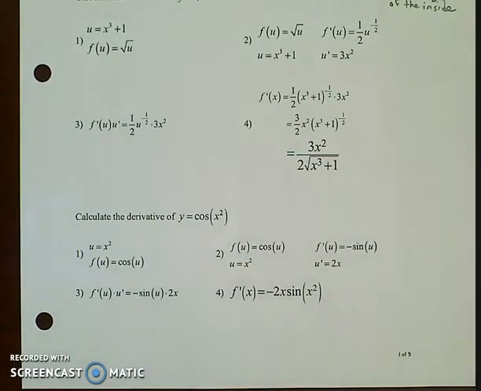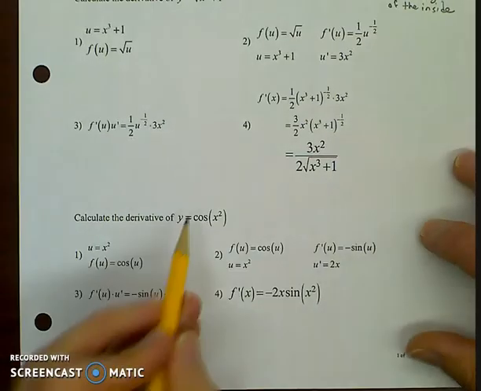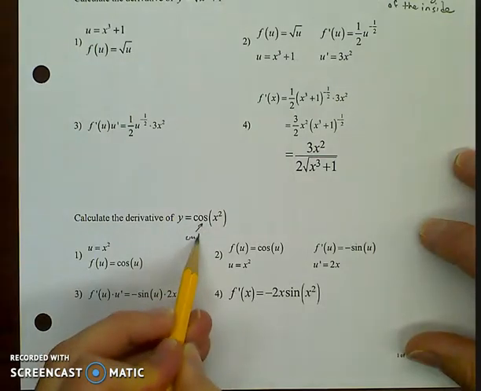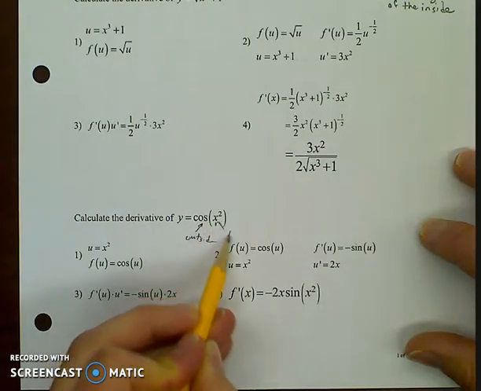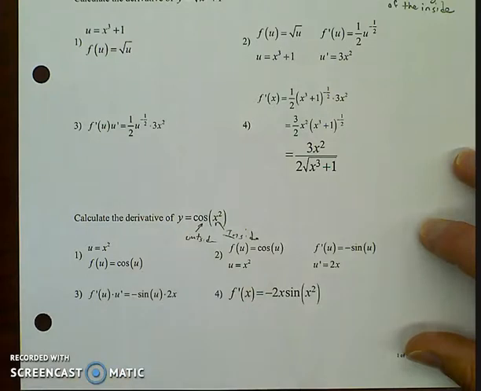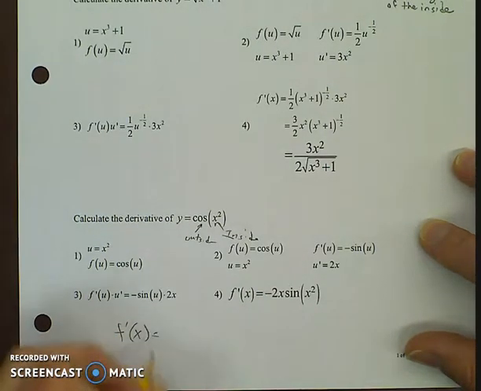But the derivative of the outside, keeping the inside the same. So if we look here, outside, inside, I'd already written that once. But the derivative of the outside is negative sine, okay?